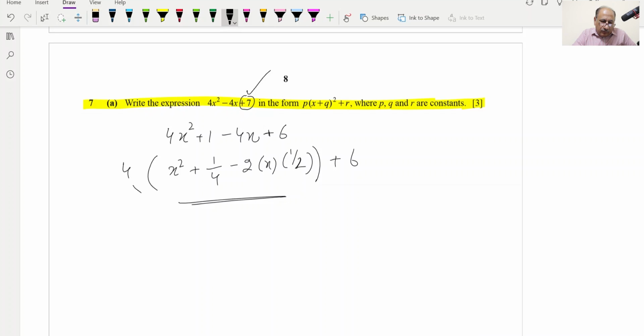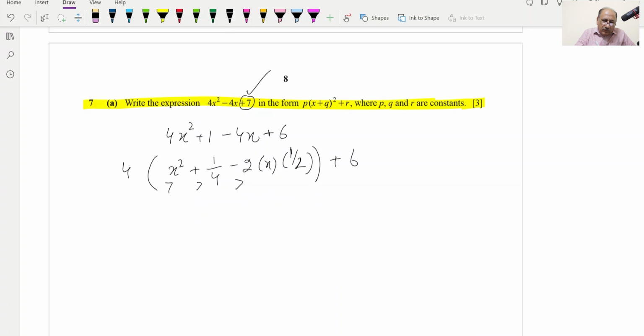Like for example, if we open this, we will get 4x squared, and if we open this one, we'll get 1, which is over here, and this into this will result in minus 8x and half. So 8x will be half, will be 4x, and plus this tail portion as 6.